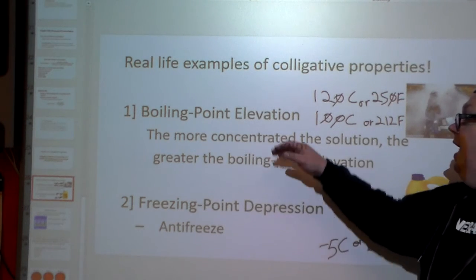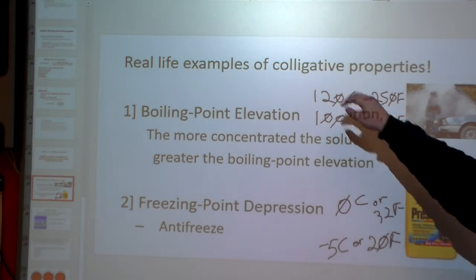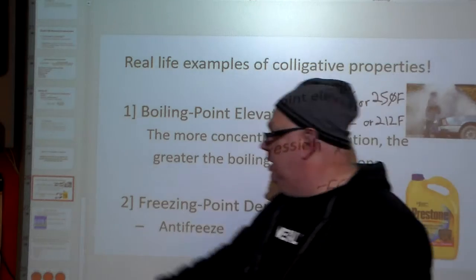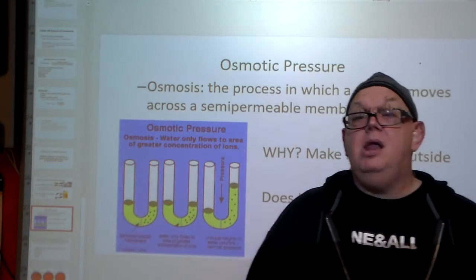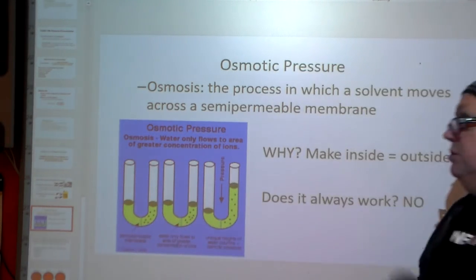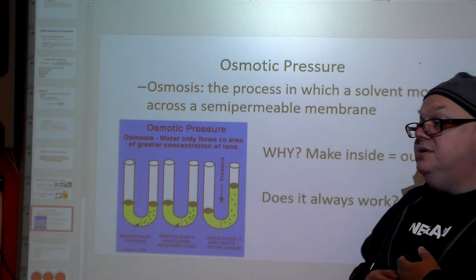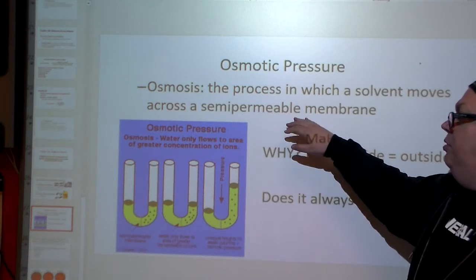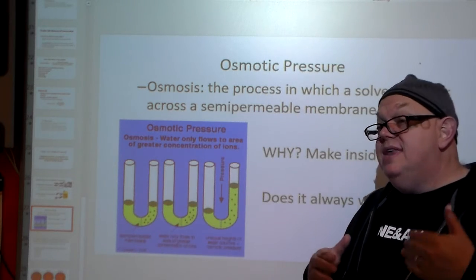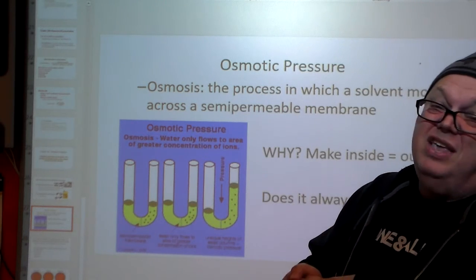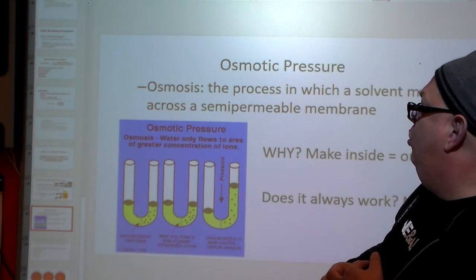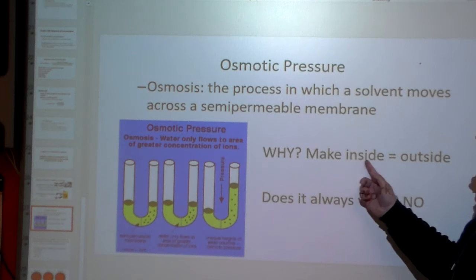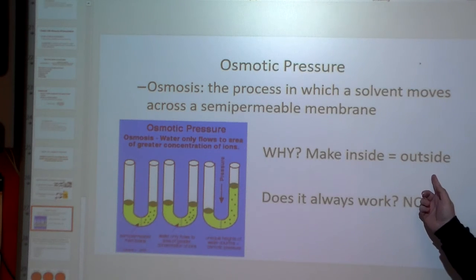Again, based on how many particles of the solute that we have. That's the colligative properties. We spent time talking about osmosis. With osmosis, okay, that's the process where you've got a solvent that goes across a semi-permeable membrane. So that semi-permeable membrane lets some things through, other things it won't. Okay? And the reason why that's happening is trying to make the inside equal the outside.